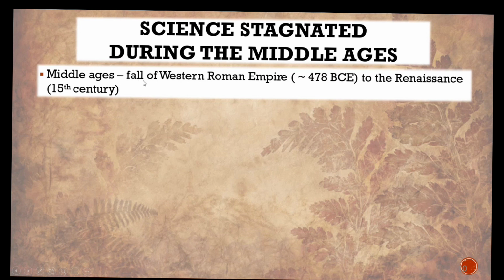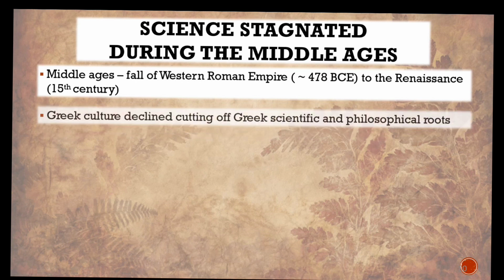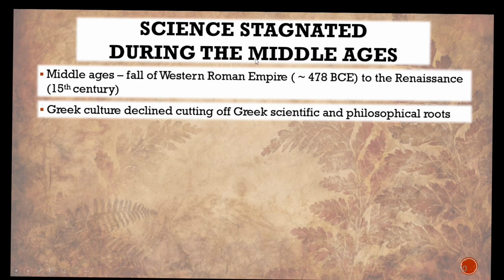The Middle Ages run from the fall of the Western Roman Empire up to the Renaissance. So what were the causes of the stagnation of science during this period?